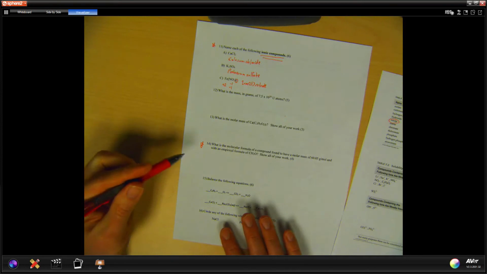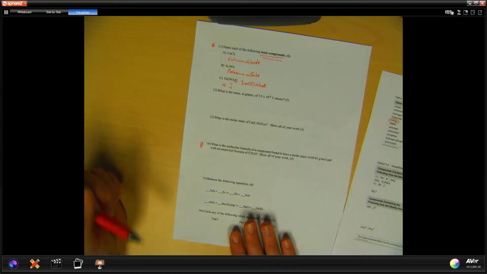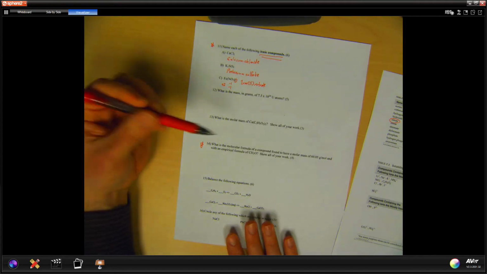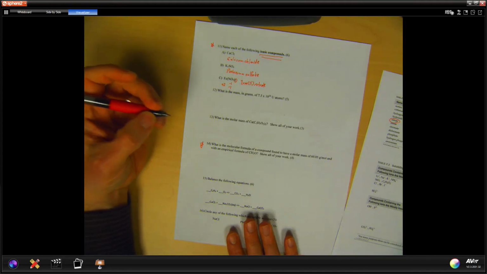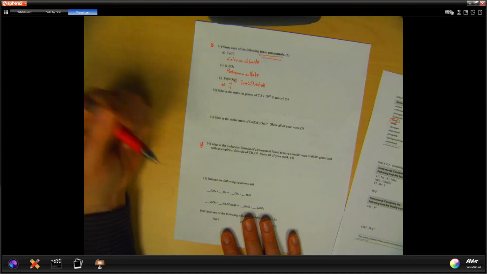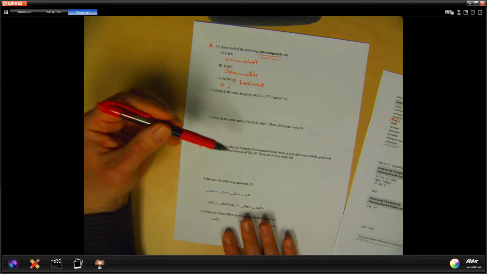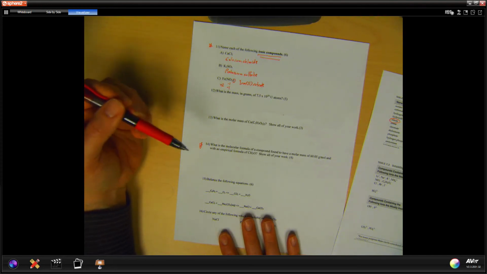There was also a question about number 14. What is the molecular formula of a compound found to have a molar mass of 60.05 grams per mole with an empirical formula of CH2O? Show all your work. First of all, what is a molecular formula? What is an empirical formula?